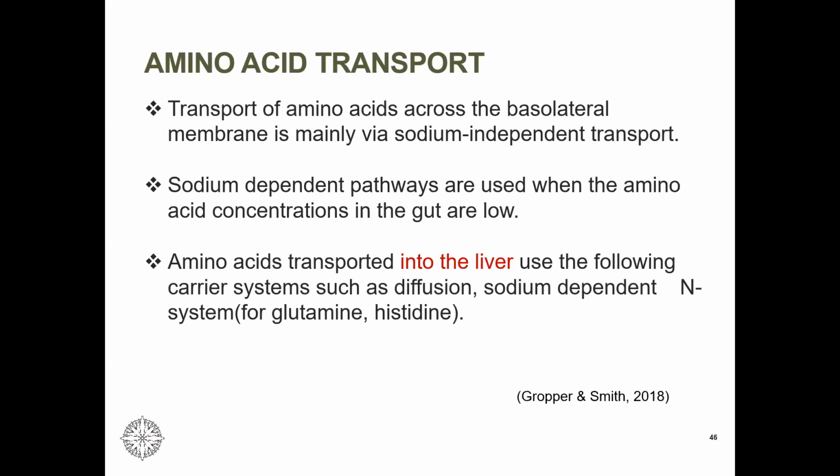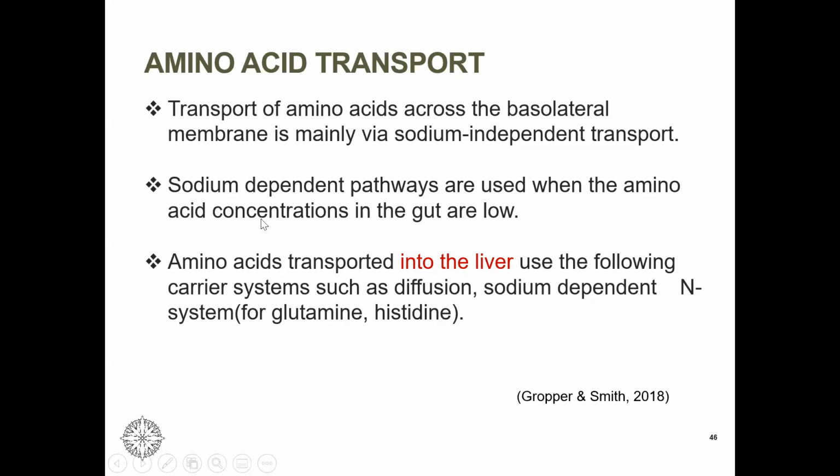A couple of slides more. That transport of amino acids across the basolateral membrane is mainly via sodium independent transport. So at the brush border, we need sodium, we need energy, but at the basolateral membrane, our body is more receptive and it is a trouble-free transport here.